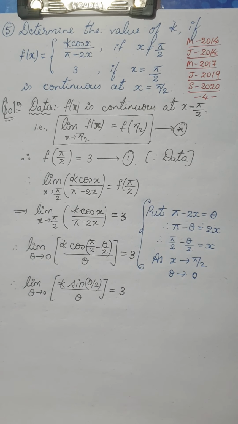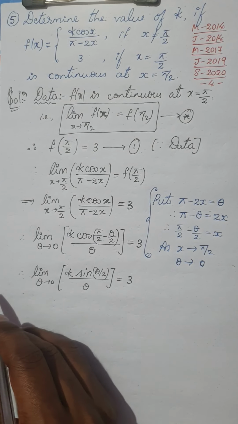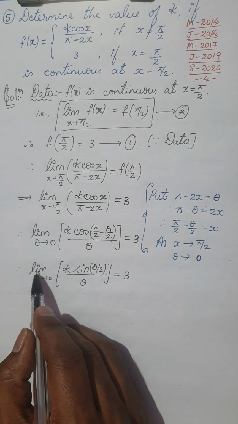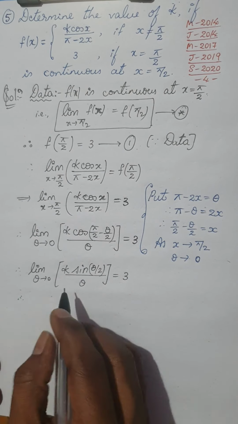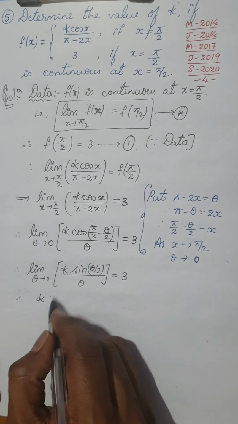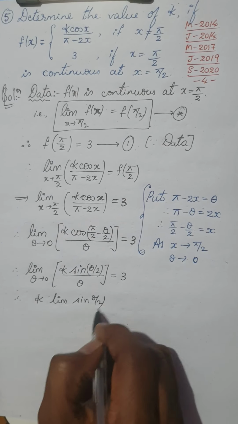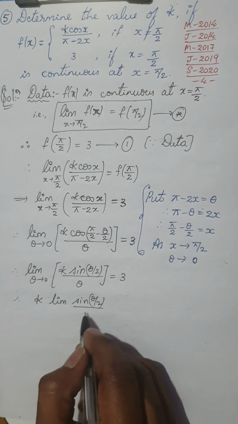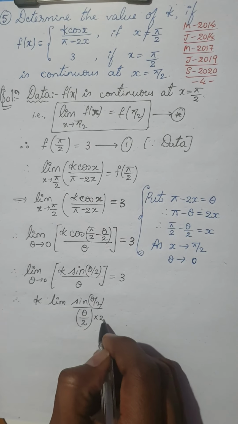Now since k is a constant, I can keep k outside because k has nothing to do with my limit. Therefore, I have k kept outside. Limit of sine of theta by 2 divided by theta; I'll divide by 2 and multiply by 2.